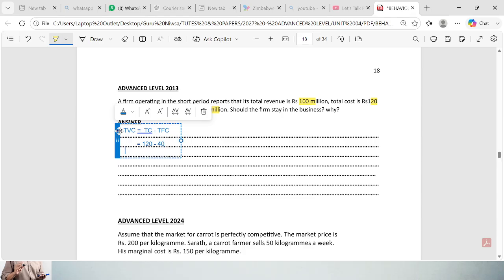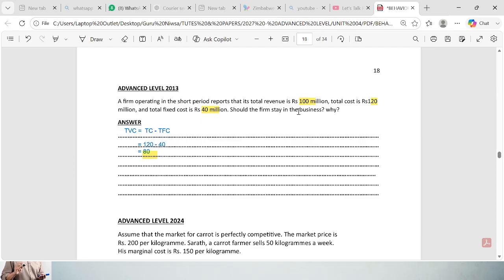Then the gap, 80 million, is the total variable cost. So total variable cost is 80 million. Right? Total variable cost 80 million.